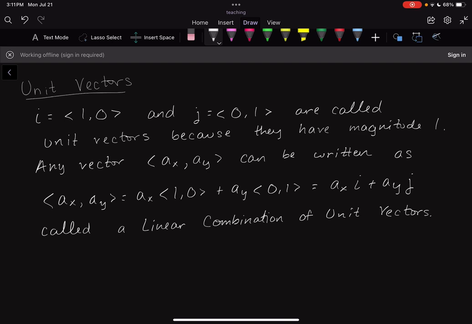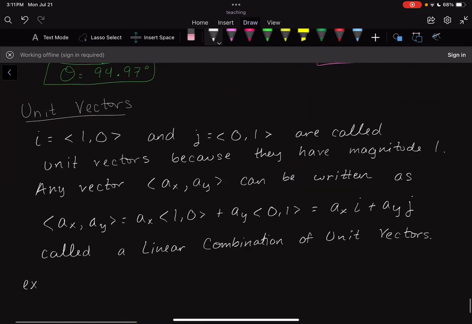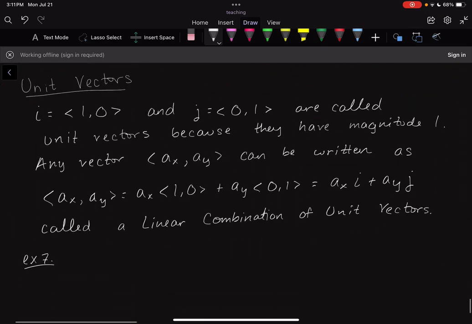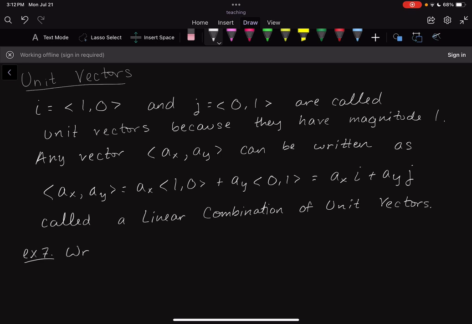So let me show you with an example, literally just how to rewrite vectors. So this is example, I don't even know, okay, 7. We'll say, write each vector as a linear combination of unit vectors.